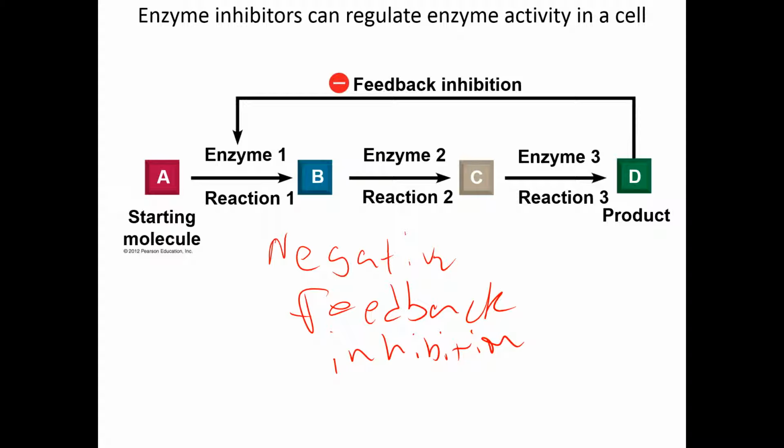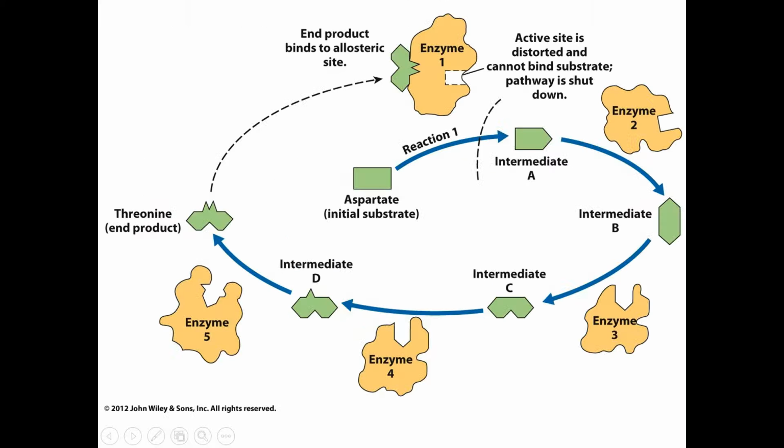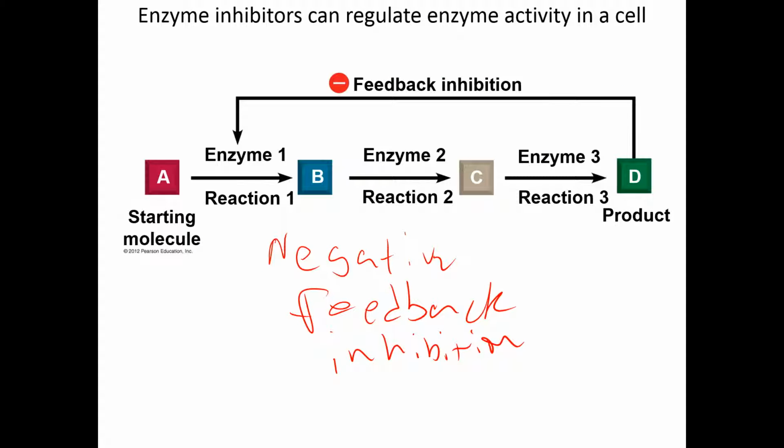What's going on here is you have a metabolic pathway. Your reactant molecule A is going to result in product B. Enzyme 1 is involved in that particular reaction. Now product B becomes the reactant of the second reaction, forming product C, and product C becomes the reactant of the third reaction, forming product D.